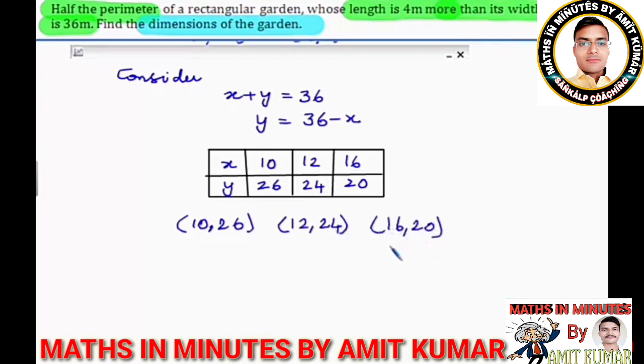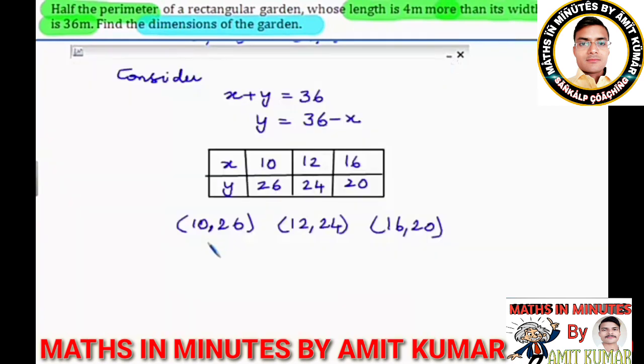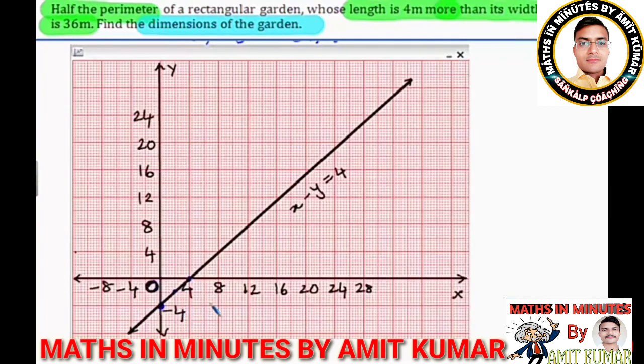Let's plot these coordinates on the same graph paper we earlier drew for equation number first. The first coordinate is 10, 26, 10 on x-axis, here between 8 and 12, and 26 on y-axis, and that point lies here.